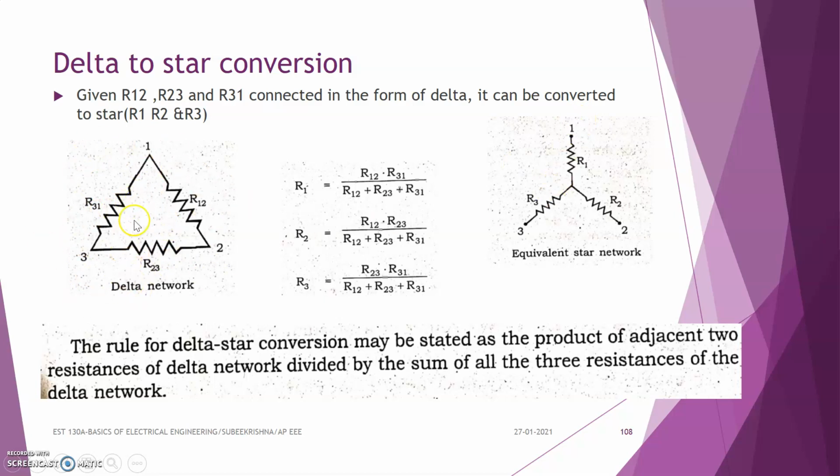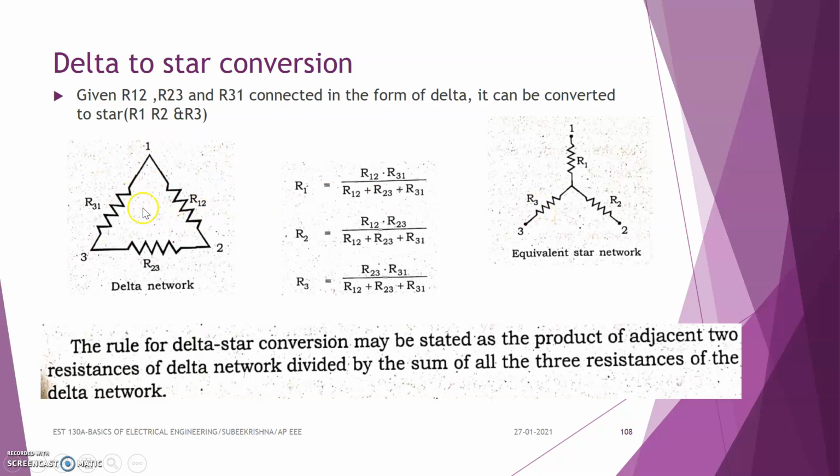The star connection equivalent to this delta is shown here. The points 1, 2 and 3 are marked here, and the resistance which is connected to point 1 is R1, the resistance which is connected to point 2 is R2, and the resistance which is connected to point 3 is R3.